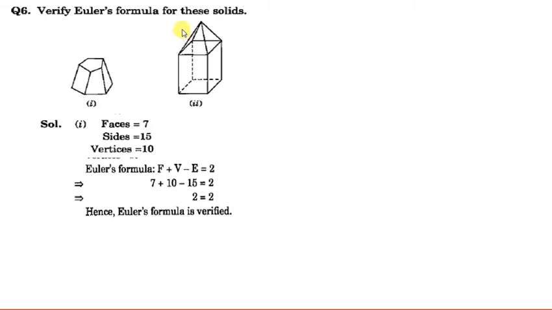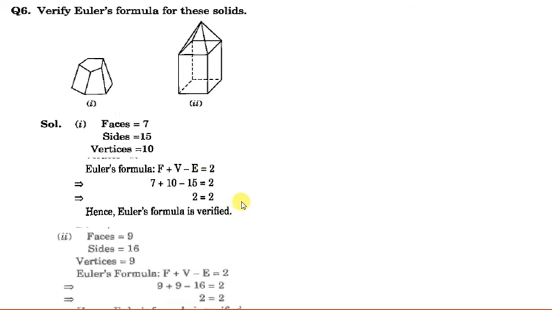Then the number of edges: 4 edges are of this square, 4 of the base, so 4 plus 4 is 8, and then 4 vertical sides at the bottom and 4 at the top, so 12 plus 4, 16.